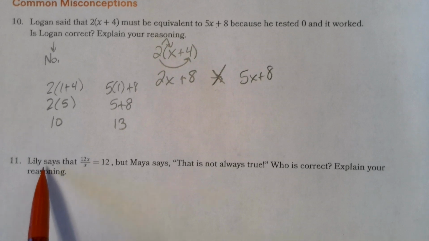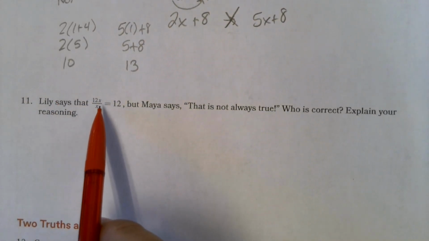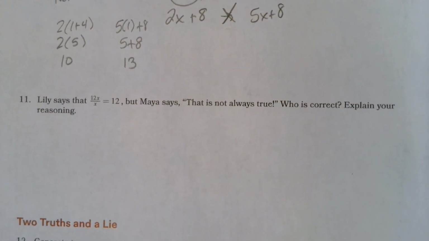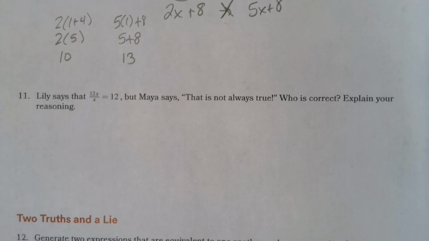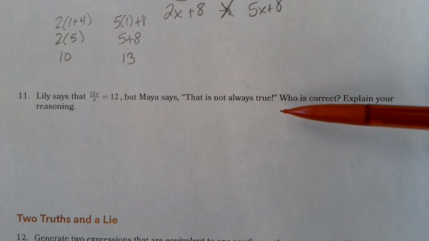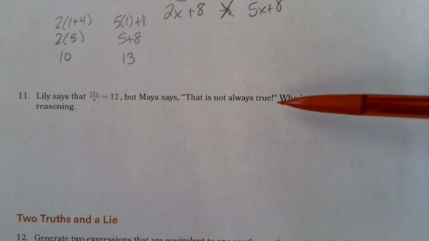Number 11, Lily says 12x divided by x equals 12, but Maya says that is not always true. Who is correct? Explain your reasoning. In most cases, Lily would be correct, but Maya is actually correct because it's not always true.